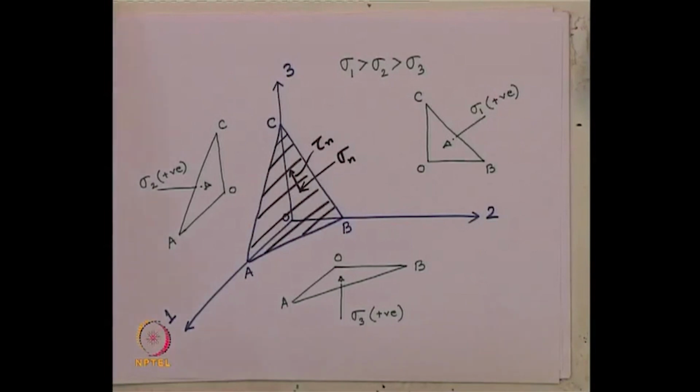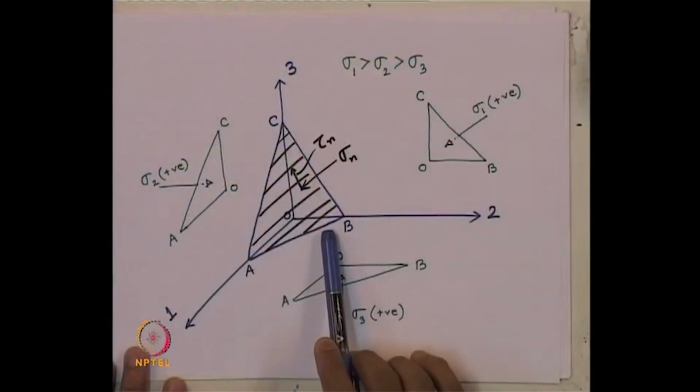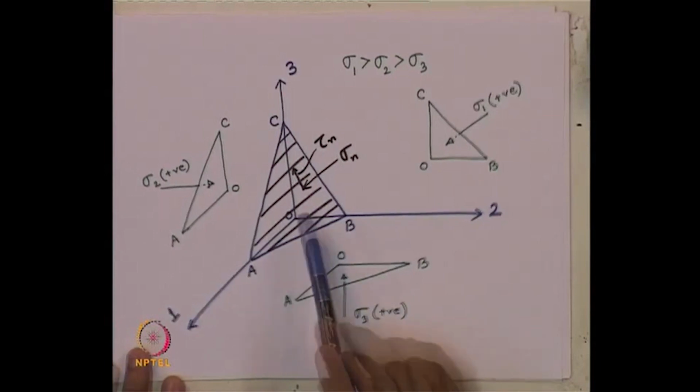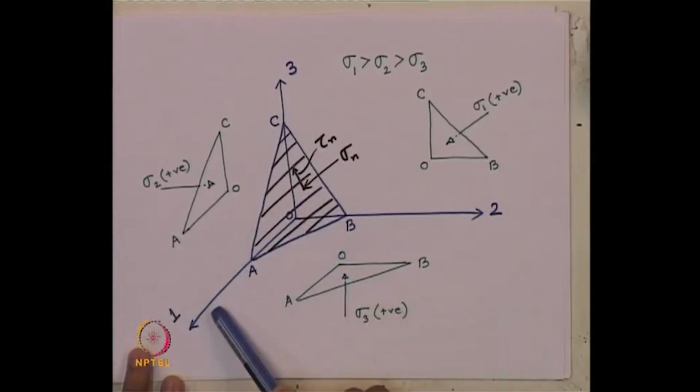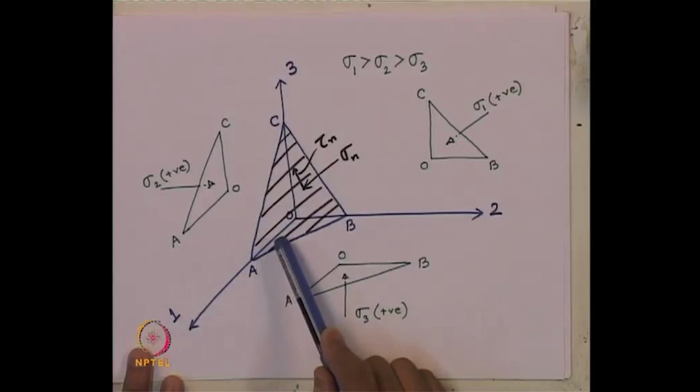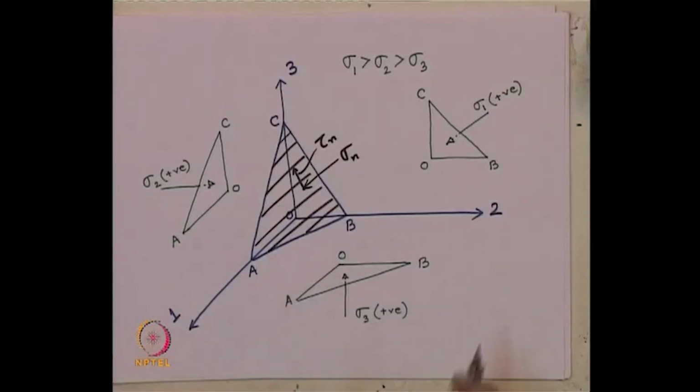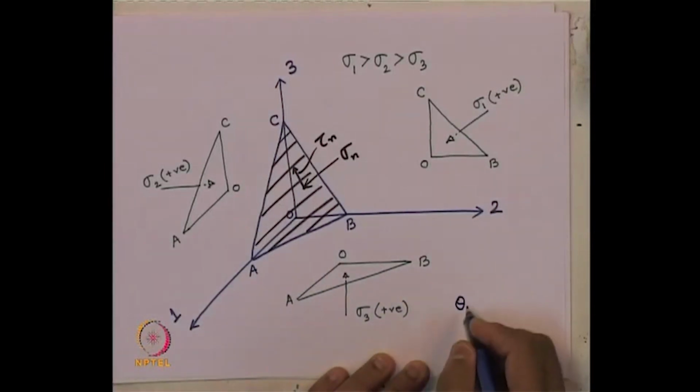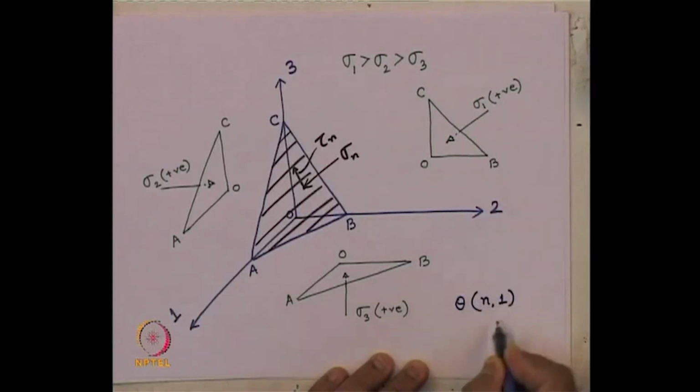And the inclination of this plane, on which we want to find out the normal and shear stress, this arbitrary nth plane, is such that its angle with respect to axis 1 is given by theta n1, like this.